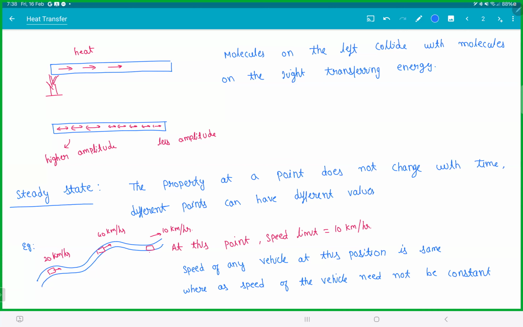Have a look at this page. So let's see how this works in temperatures. Let's see.